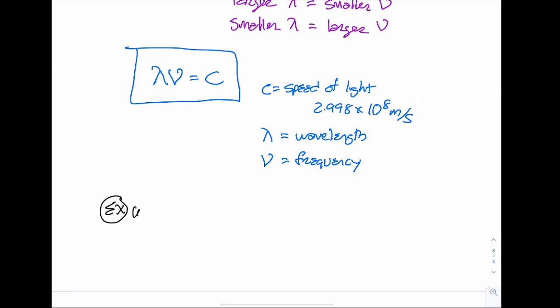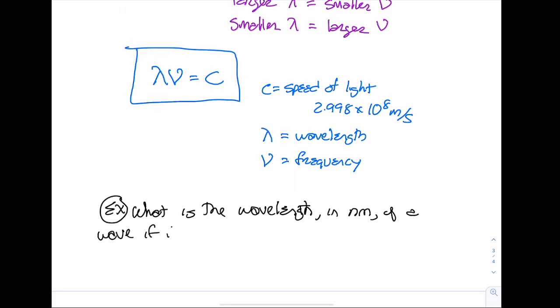We want to know what is the wavelength, let's do it in nanometers, of a wave if its frequency is 1.85 times 10 to the 15th seconds to the -1, so per second.